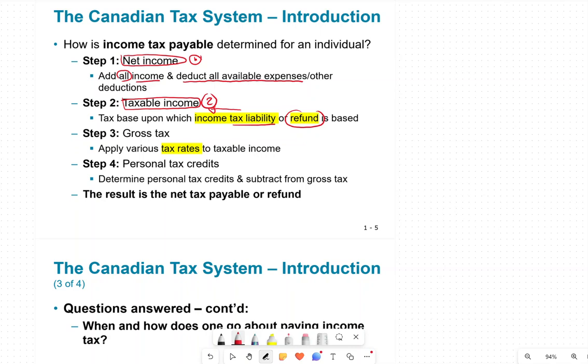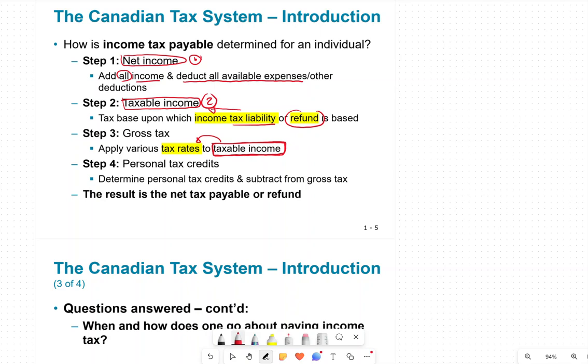Now, number 3 is gross tax. Apply various tax rates to the taxable income. We're going to talk about this a little bit later on, but at this point, depending on your taxable income, we calculate what rate you are going to be, and that's how you calculate your gross taxes.